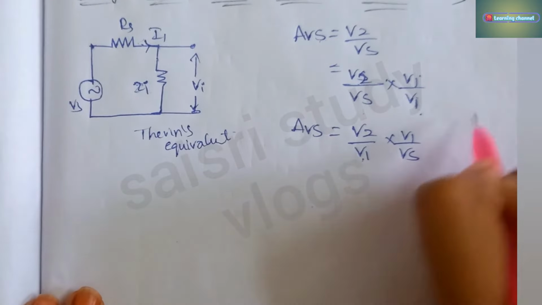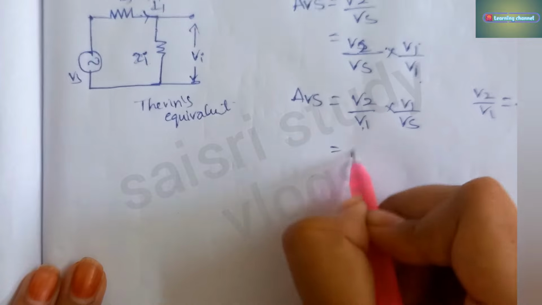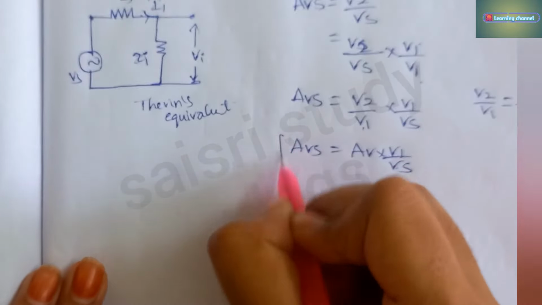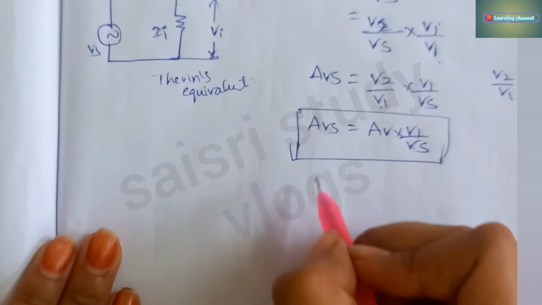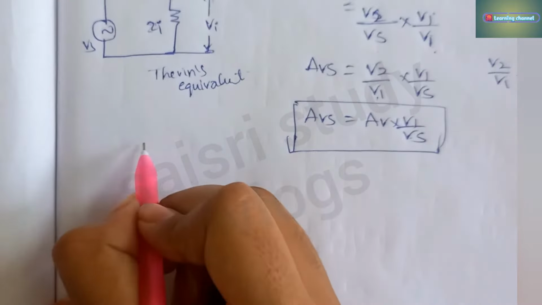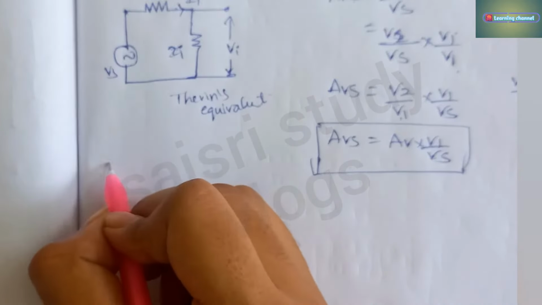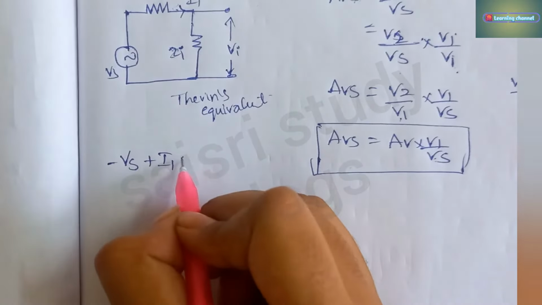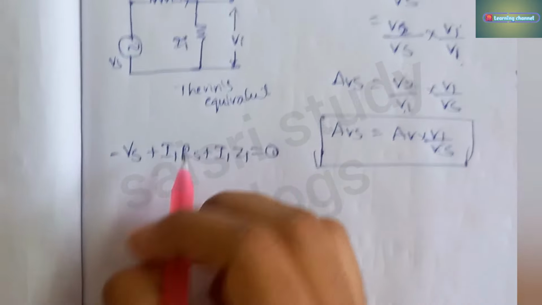So what is V2 by V1? V2 by V1 is equal to AV. So AV into V1 by Vs. So this is AVS. We can also write it by using h parameter equations. Just write the KVL to this circuit, that is minus Vs plus I1 Rs plus I1 Zi is equal to 0.